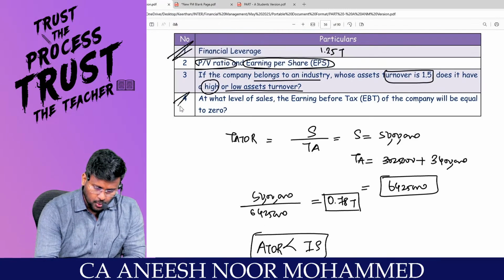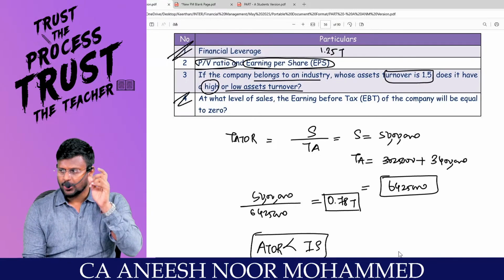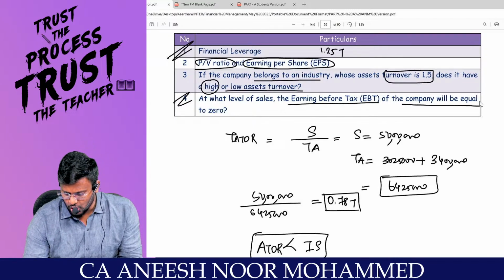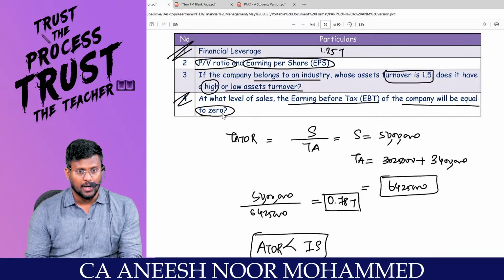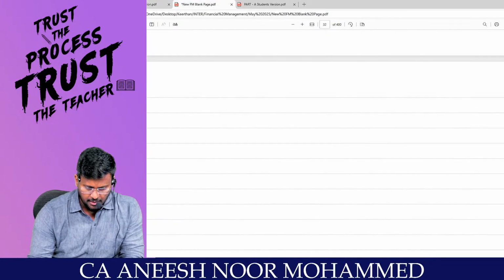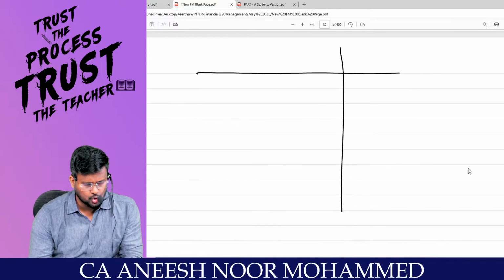Moving to the last part of the question. At what level of sales? So we have to find out a particular level of sale. The earnings before tax of the company will be equal to 0. This can be found out simply by our statement approach, or you can follow the leverage approach also.